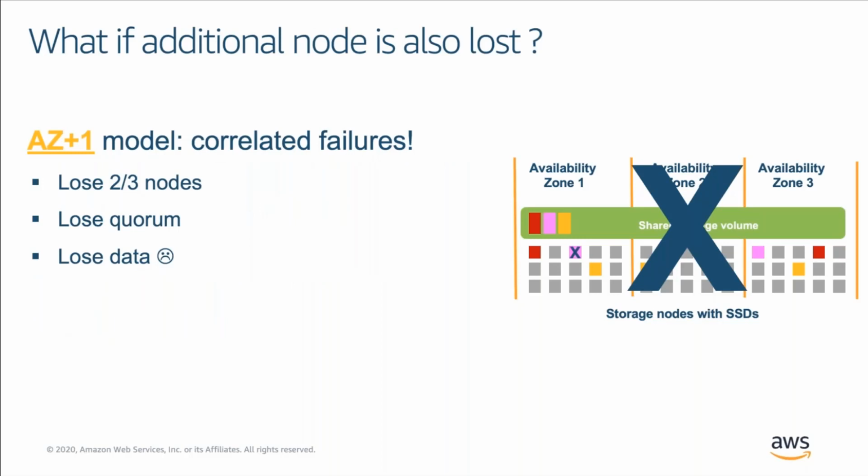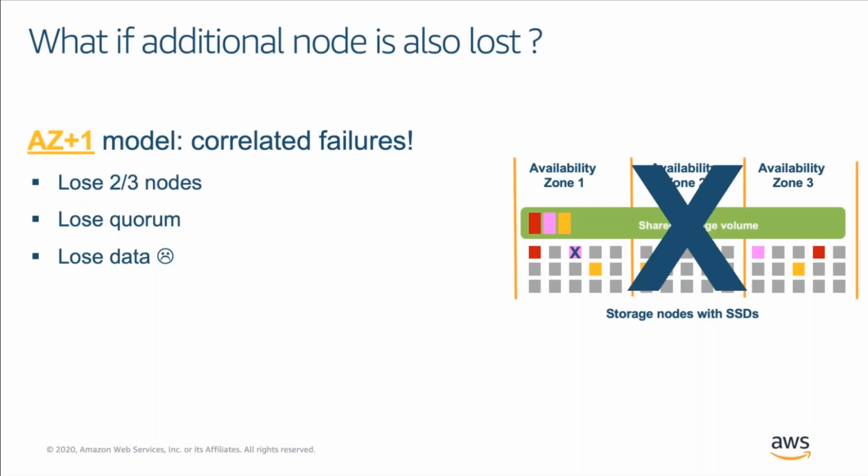But if you have a failure and you lose an AZ, it's not like the gods of the cloud are going to smile down on us and give you a break and stop the background radiation of other components failing in other AZs. And after losing an AZ, you might very soon lose an additional node. So the interesting question is what happens if an additional node is also lost while you've lost an AZ?